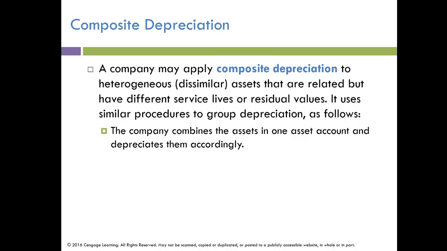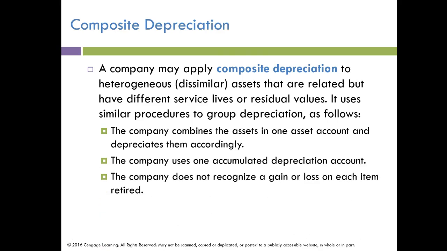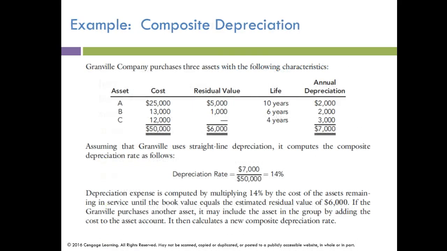Composite depreciation may be entirely different items, but because we use them together, like our office equipment, for example, we may depreciate those as a group. And so we will come up with a composite cost for these various assets and a residual value. And then we will determine an annual depreciation on sort of an aggregate.